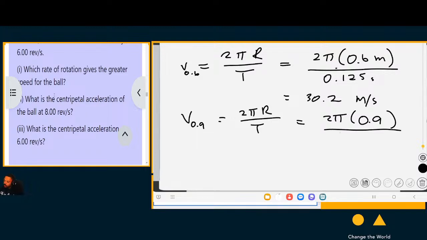And the time is 0.167 seconds. Your answer now is 33.9 meters per second. So in this case the longer radius, 0.9 meters, is traveling faster.